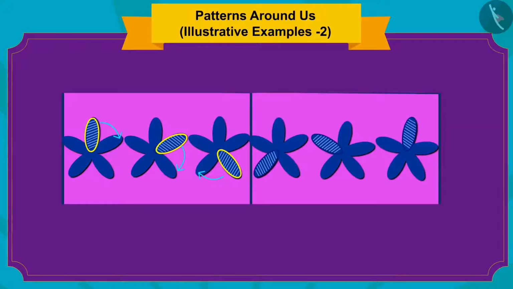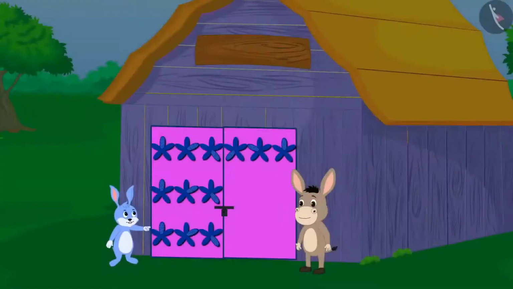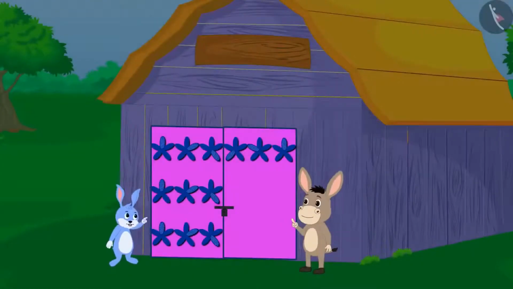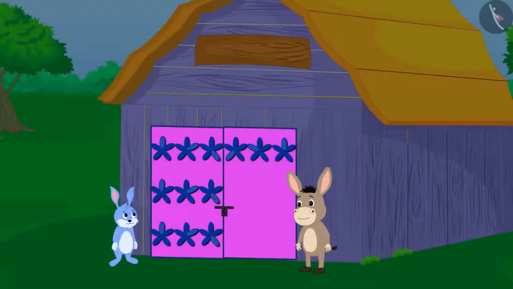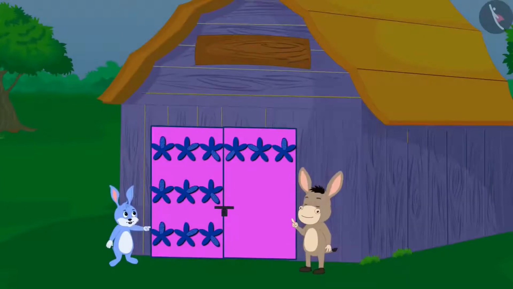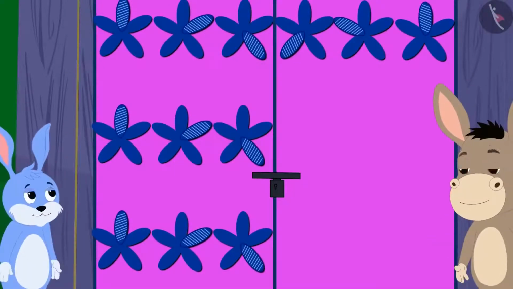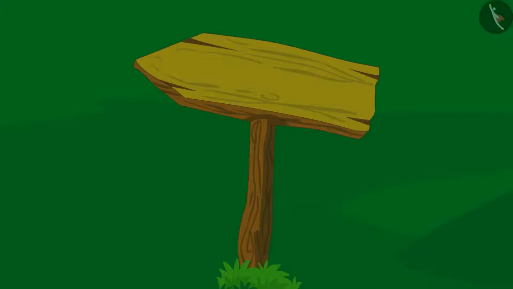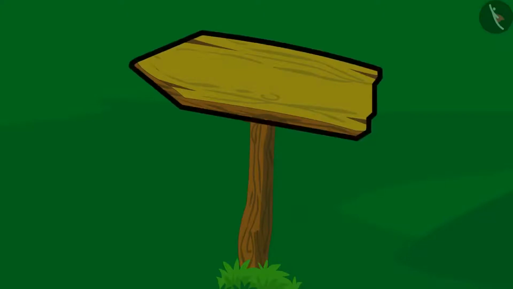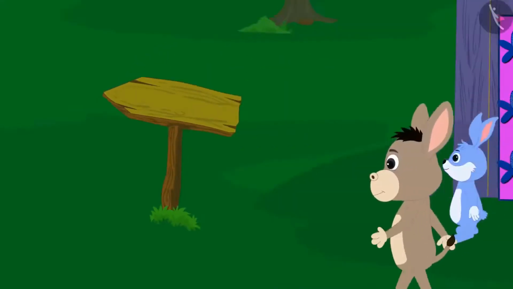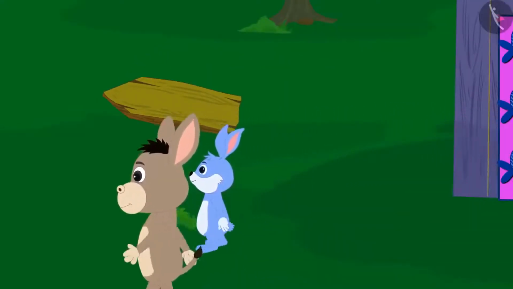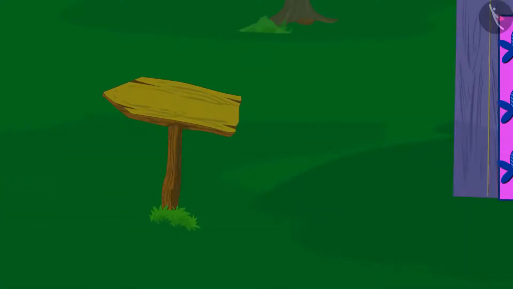Just like you did, Bhola and Bunny completed the pattern of the second door by finding the rule of this pattern. As soon as they completed the pattern on the door, they magically saw an arrow sign on the way out. Bhola and Bunny quickly walked in the direction of that arrow.